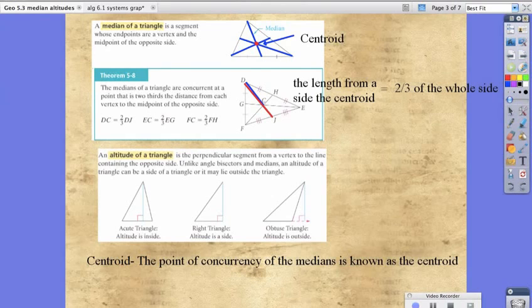In this acute triangle, the altitude starts from a vertex and connects straight down to form a perpendicular side. In this case, the altitude is inside the triangle. In a right triangle, the altitude is a side, and in an obtuse triangle, the altitude is on the outside of the triangle.